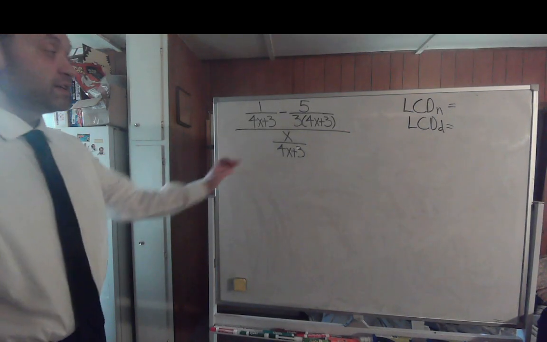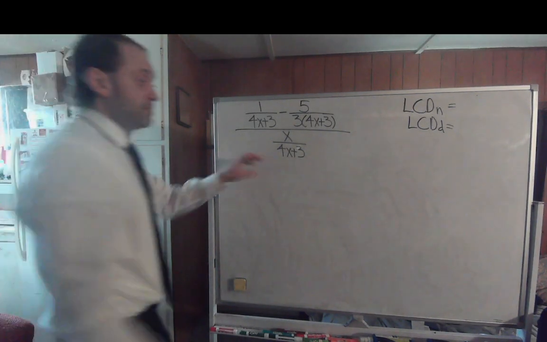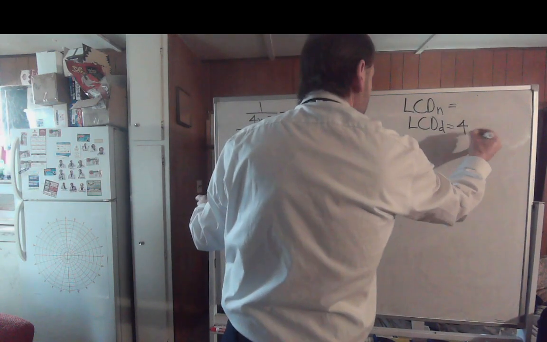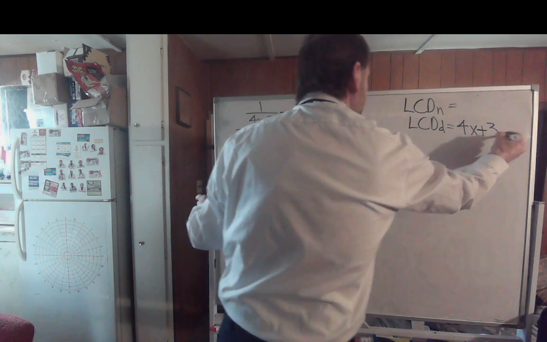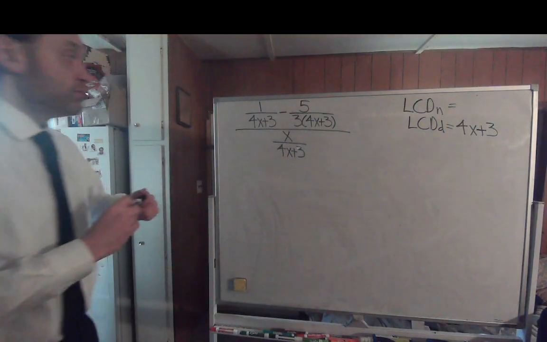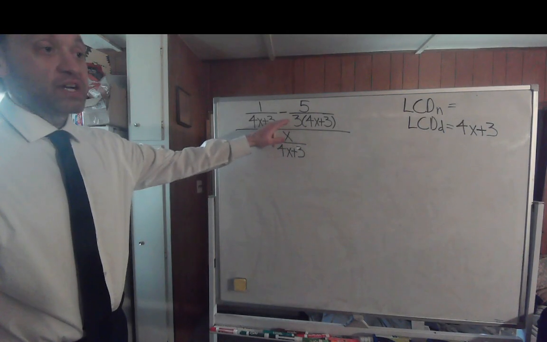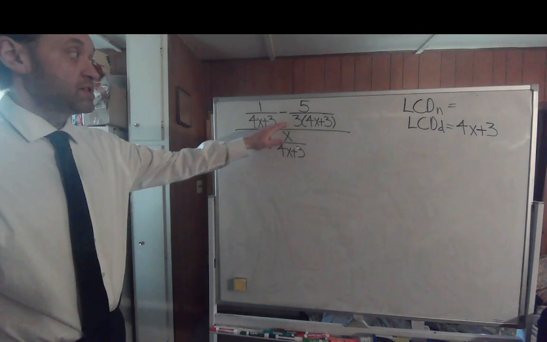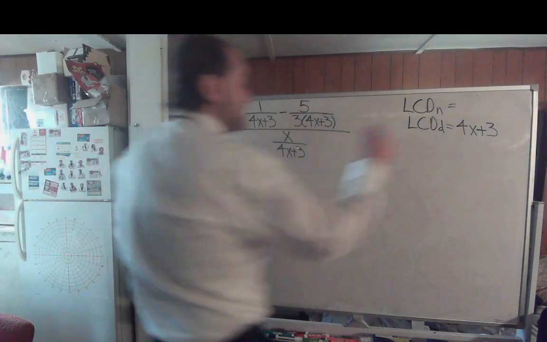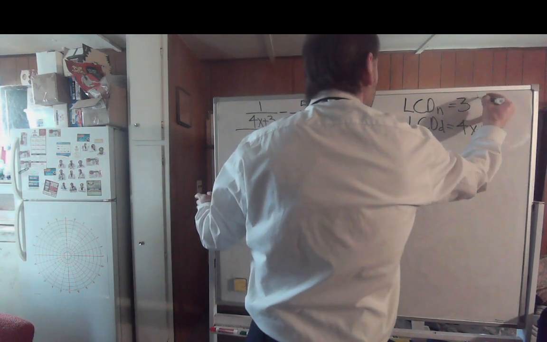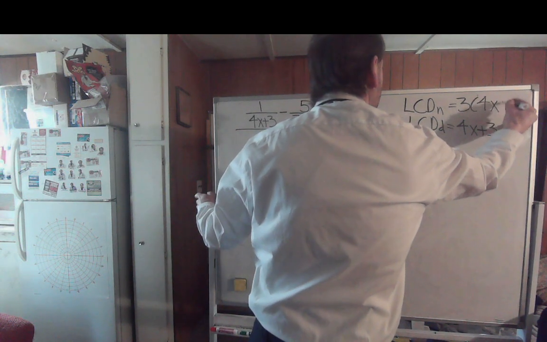Well, I think it's clear the denominator's least common denominator is 4x plus 3, right? That should be pretty obvious. But what about the numerators? It almost looks like you got it, except for there's an extra factor of 3 on the second term. So really, your least common denominator of the numerator is 3 times 4x plus 3.